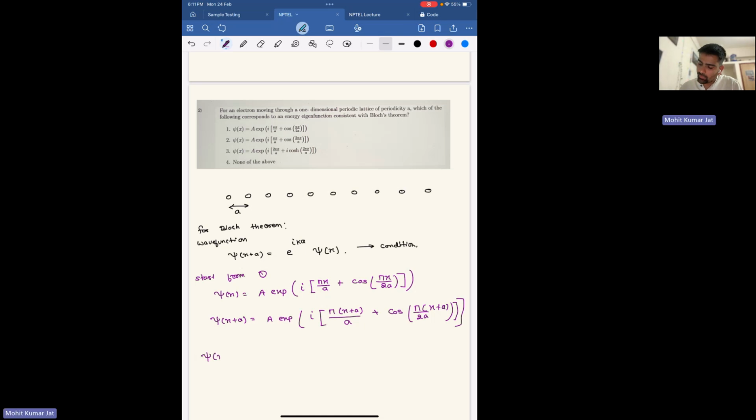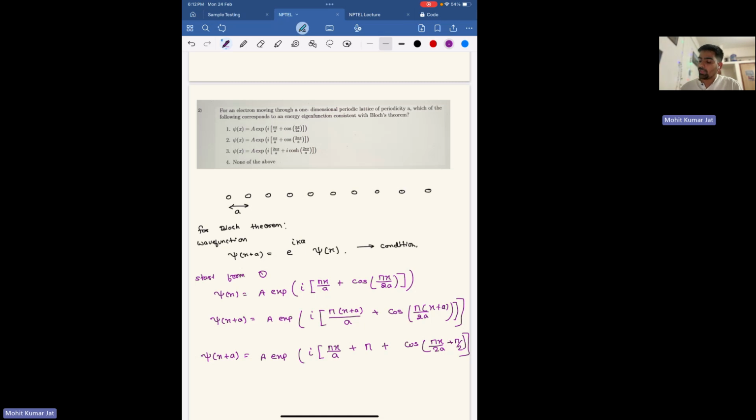So let's just solve it. Psi of x plus a will be A times the exponential of i, pi x by a plus pi by a times a, let me write it only as pi, plus cosine of pi x by 2a plus pi by 2.